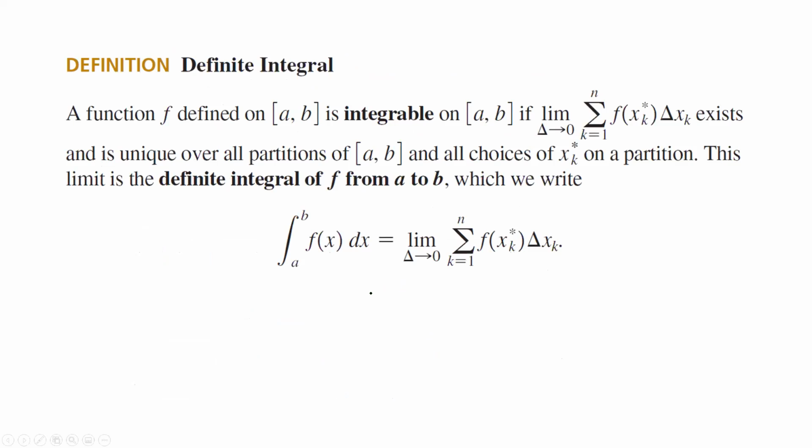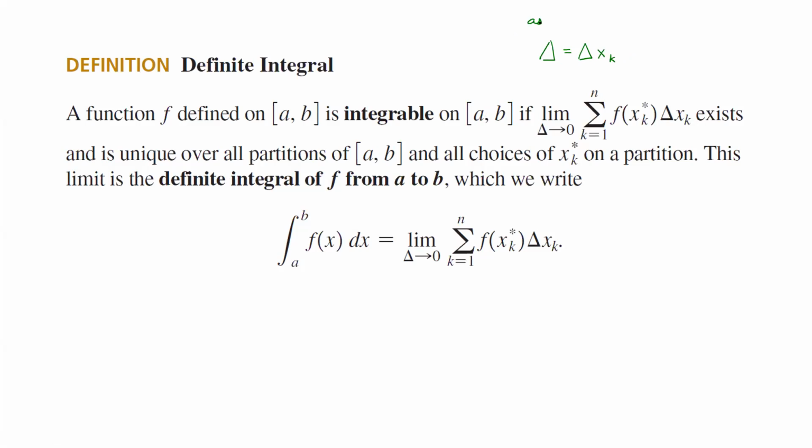So we'll define the definite integral from a to b of f of x dx as the limit as delta goes to 0. Delta here represents our subinterval, I should say delta x sub k.